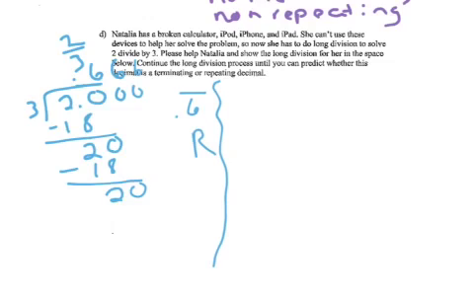I want to look at another one of these. So let's try this one. This time I want you to try to divide 2/7 with long division. Can 7 go into 2? No. So that's when I put my decimal and I add a 0. 7 can go into 20 2 times. 2 times 7 is 14.